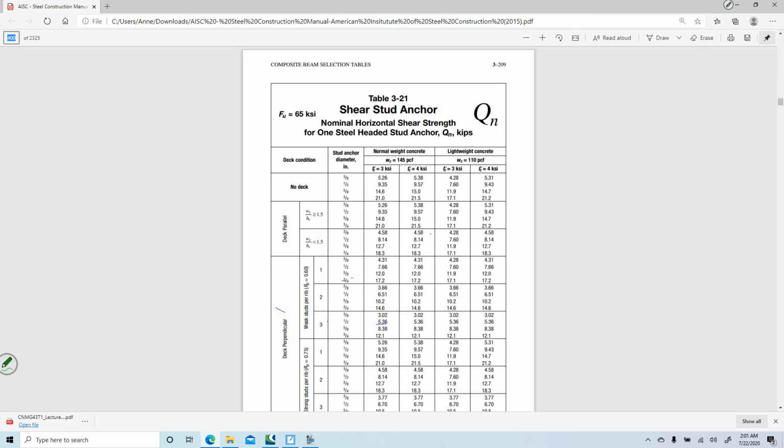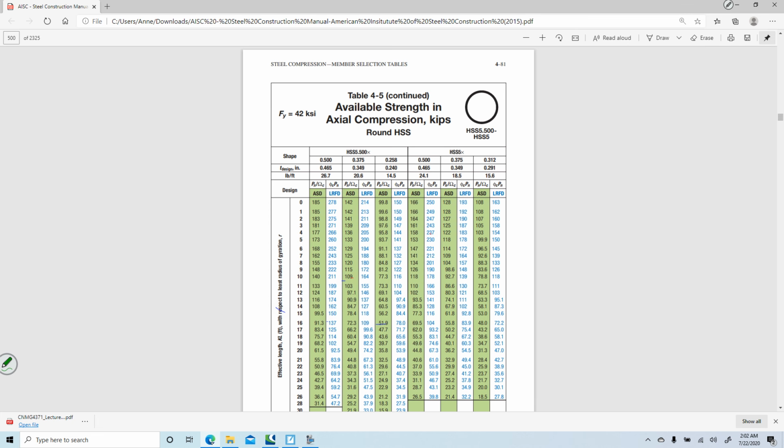Let's see. Okay, table 4-14. It starts on page 4-229.